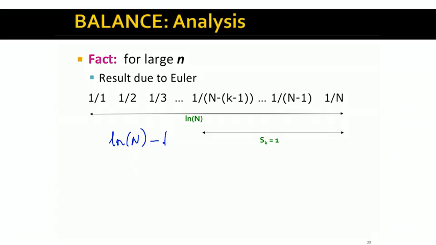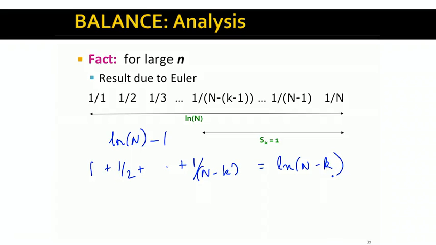However, if you just look at the first n minus k terms of the series, they are 1 plus half and so on through 1 by n minus k. And using Euler's result once again, the sum of these terms can also be written as ln of n minus k.